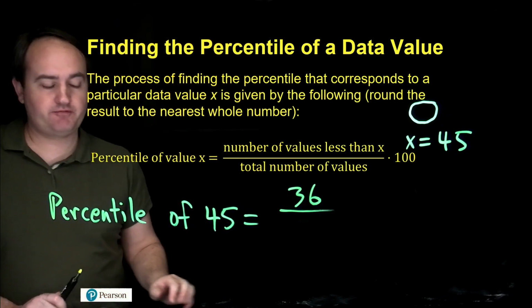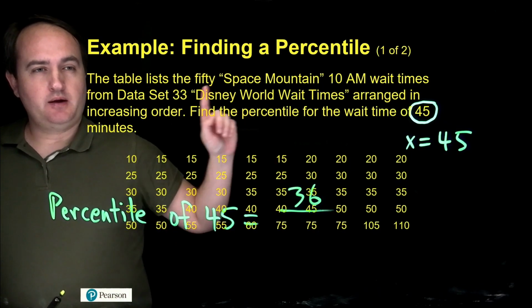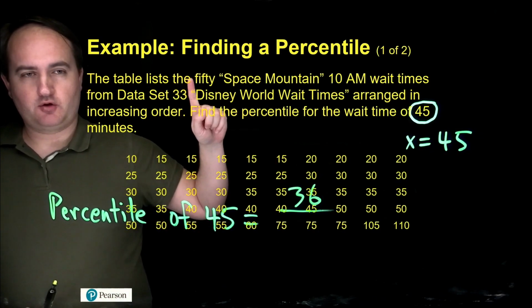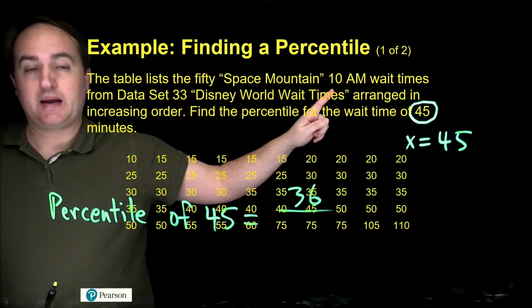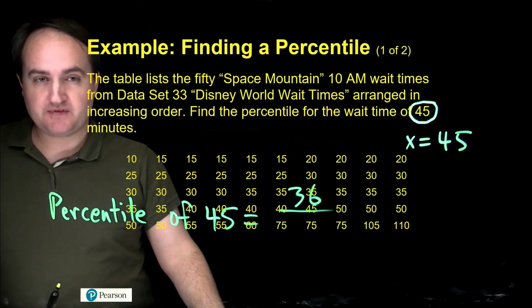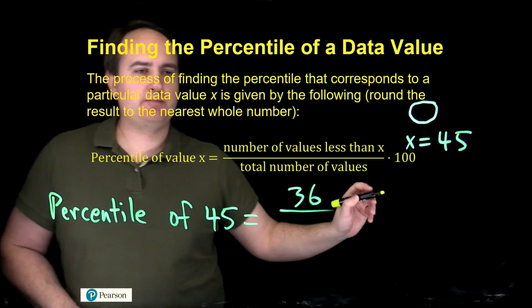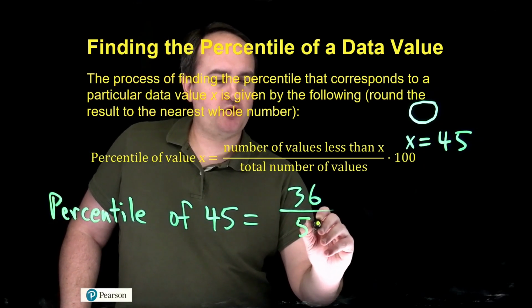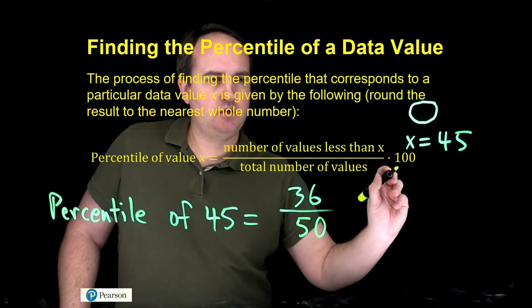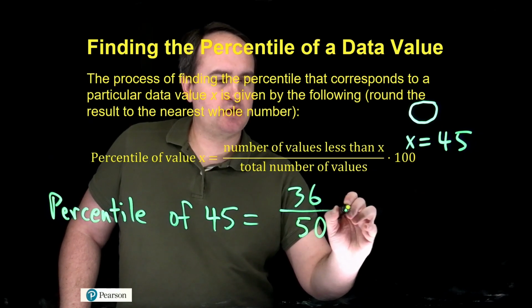Remember that for this data set, there are a total of 50 wait times. So the total number of values is going to be 50. So we have 36 over 50, and then we have to multiply times 100.